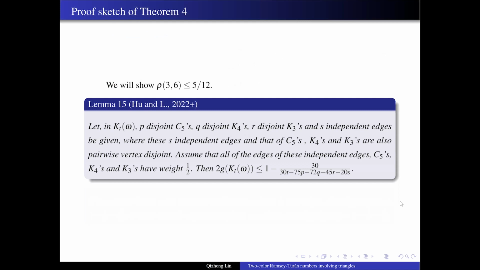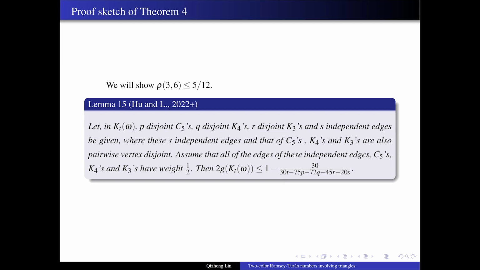Okay. Now let us sketch the proof of the density ϱ(3,6). The lower bound is clear from the above construction, and so it remains to show the upper bound. This lemma gives an upper bound for the Ramsey-Turán density.